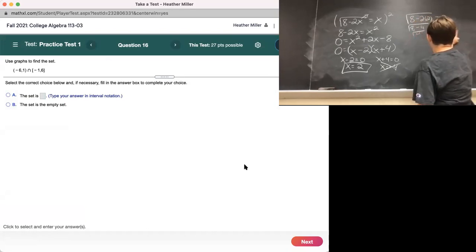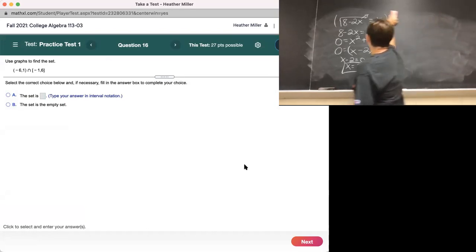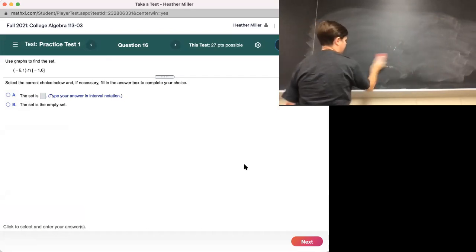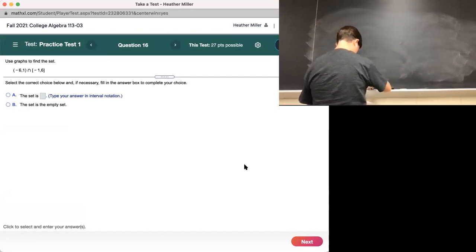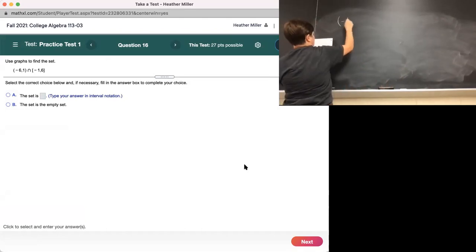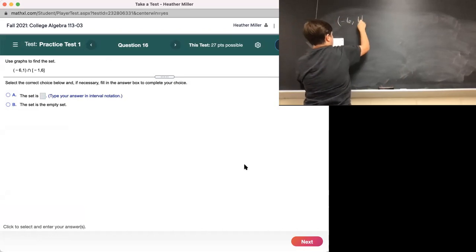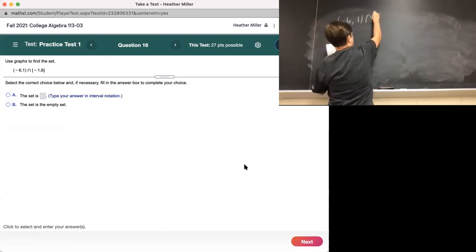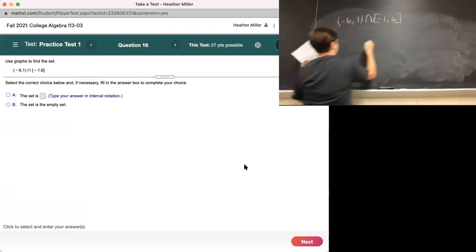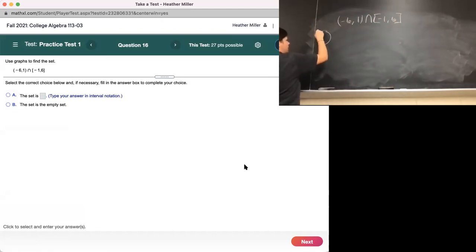All right, another graphing one. Graphing with a number line at least. We have the interval negative 6, comma 1, intersect negative 1, comma 6. So remember, intersection is where you have two sets, and the intersection is what do they have in common.